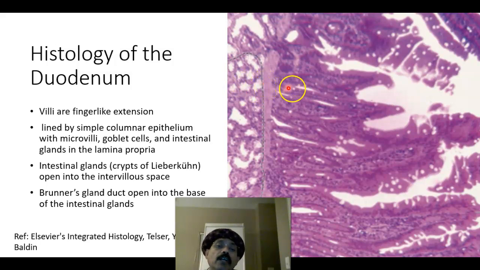Sometimes the Brunner's gland duct may open in the intervillar space. The crypts of Lieberkuhn open by the side of the villus in the intervillar space, but Brunner's gland mostly opens into the base of the crypts of Lieberkuhn. So the intestinal glands are also called crypts of Lieberkuhn.